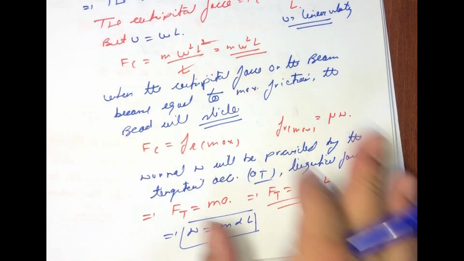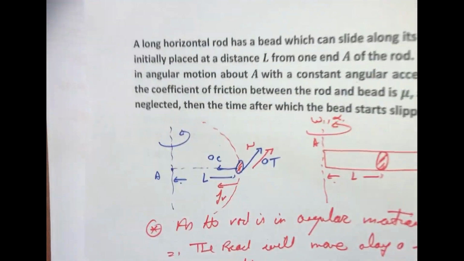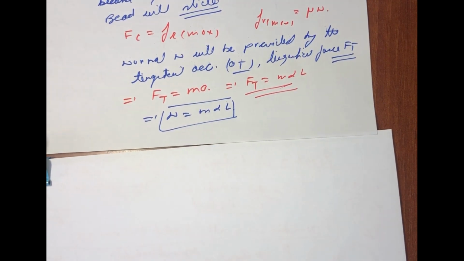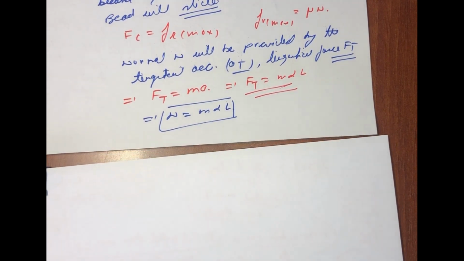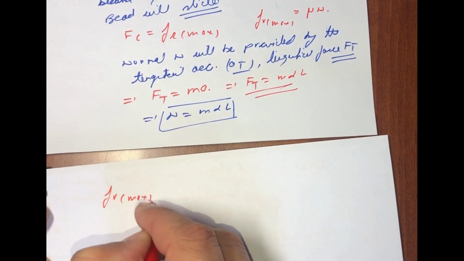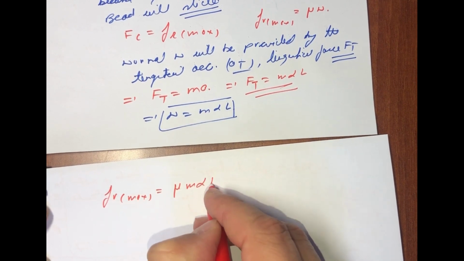Now we are going to use the value of normal N to find our maximum value of the friction. Fr max is equal to mu m alpha L.